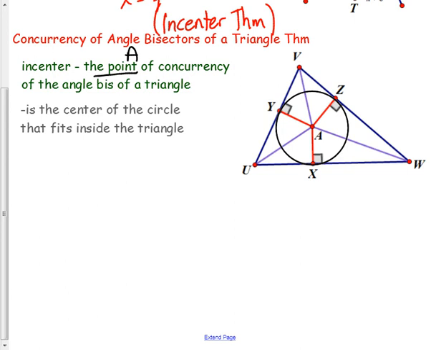That's how I can remember incenter versus circumcenter. With the incenter, the circle is inside the triangle, and with the other one, the triangle is on the circumference of it.